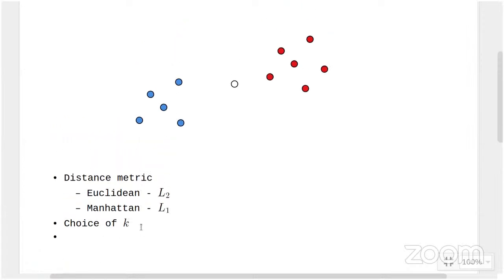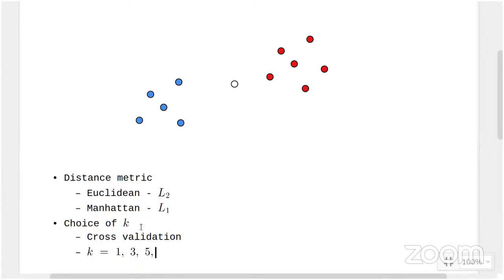The choice of k, how do you do it? You can go for some kind of cross validation. You have a validation set where you try out different values of k, say k equal to 1, 3, 5, and so on, and you measure the misclassification rate or the accuracy, that is, how many points are getting classified incorrectly.